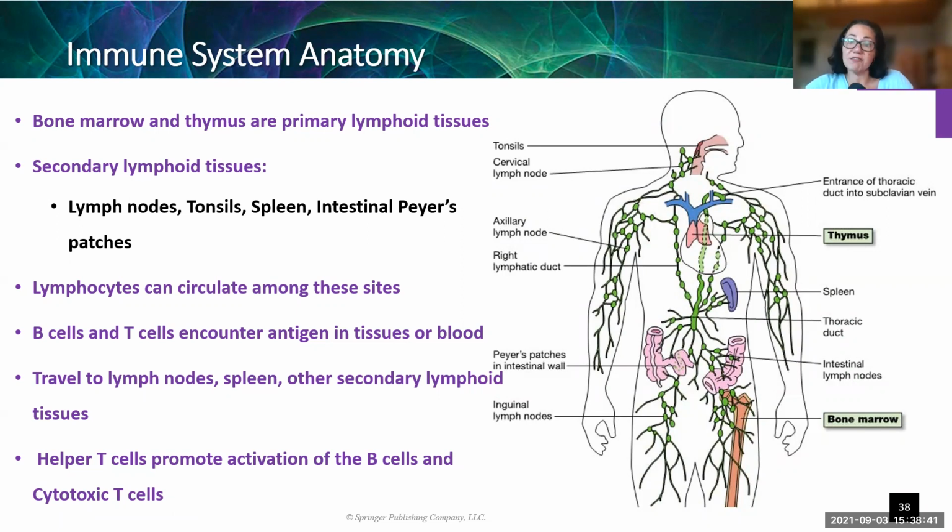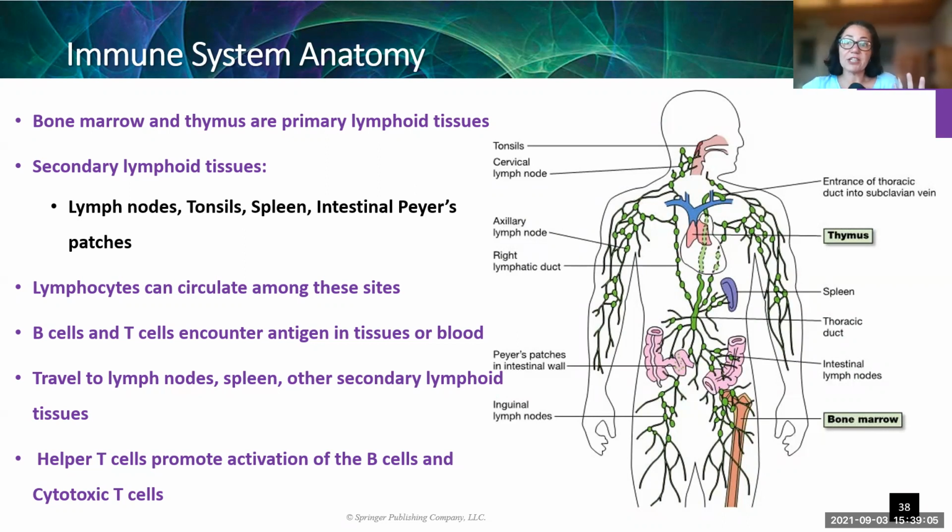When there is an infection, there's proliferation. We present the antigen, and then the T cells start making lots and lots of copies of themselves, and there's more of them. This is why the lymph nodes swell. This is why we check to see if somebody's lymph nodes are palpable.